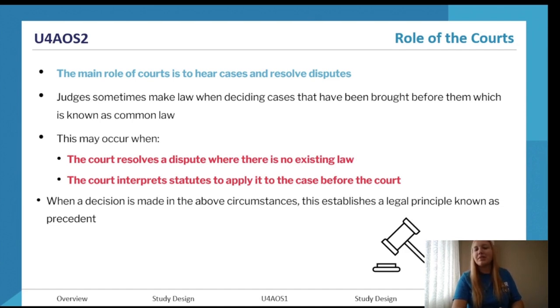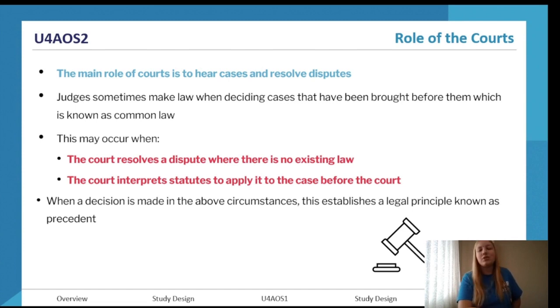Maybe if you remember the snail, the Donoghue versus Stevenson case. That's an example of where we could use persuasive precedent for negligence, if you studied that in year 11. Where there's no existing law, they often do take into account persuasive precedents from other court hierarchies where circumstances were similar, essentially what decisions were made in that case.